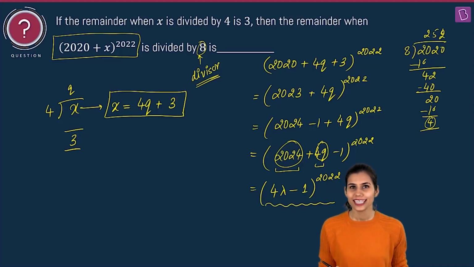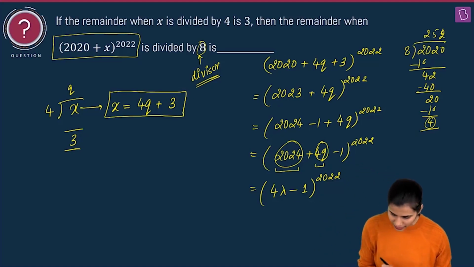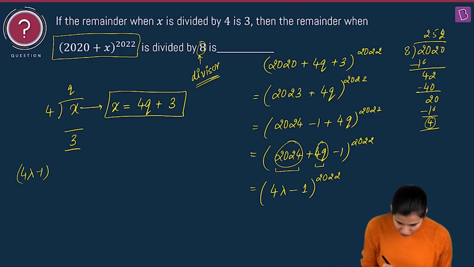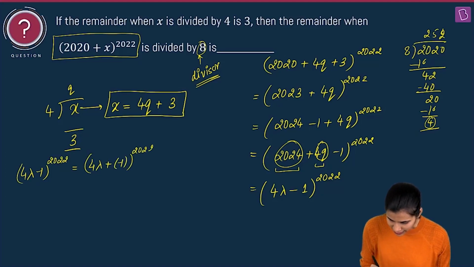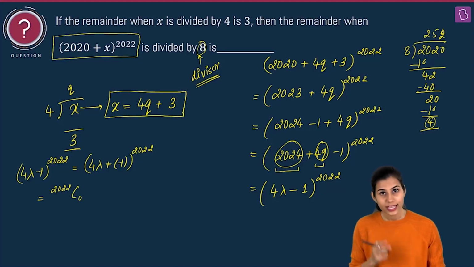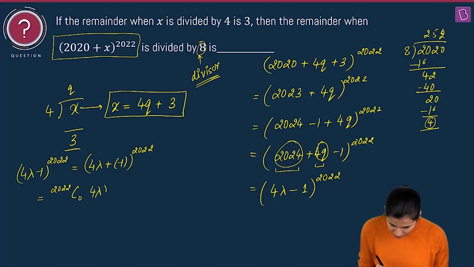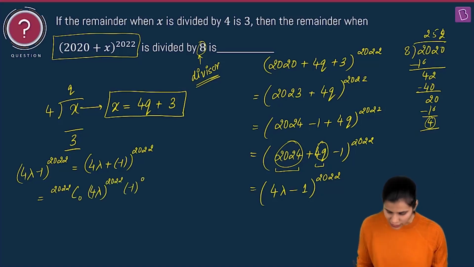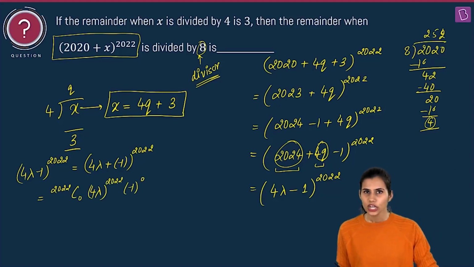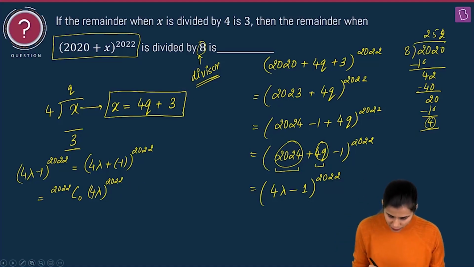What is the drill? It's a question based on binomial theorem. So I'm just going to use my basic binomial expansion. What will it come out to be? So (4 lambda minus 1) raised to the power 2022 is nothing but (4 lambda plus minus 1) raised to the power 2022. This will be nC0, (4 lambda) to the power n minus 0, that is 2022, into (minus 1) raised to the power 0. Okay, (minus 1) raised to the power 0 is nothing but 1 only.